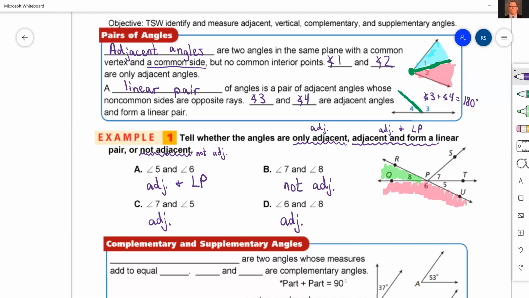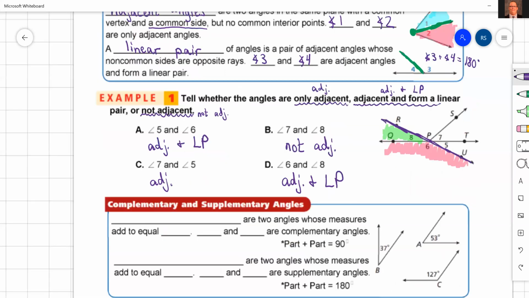Do the sides that they don't share form a line? Yep, right here, that makes a line. So it's adjacent and a linear pair. Okay, so there's that one.